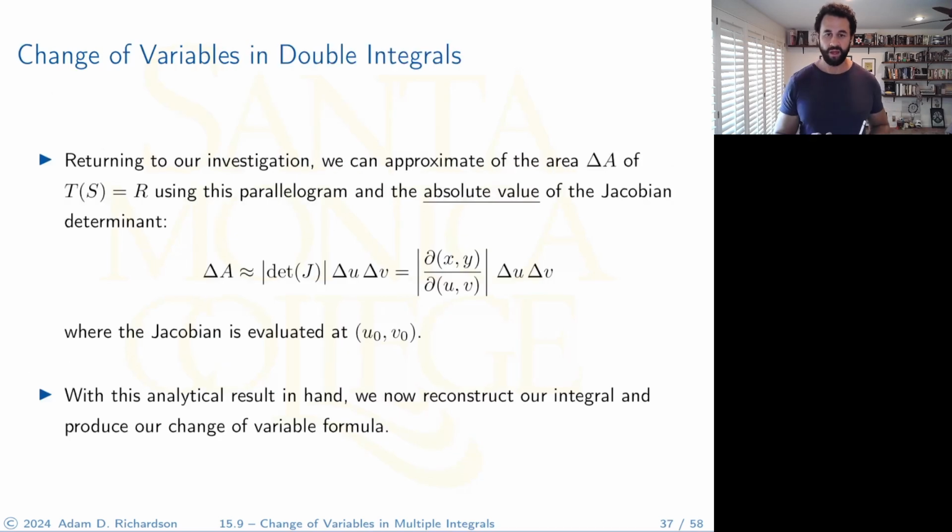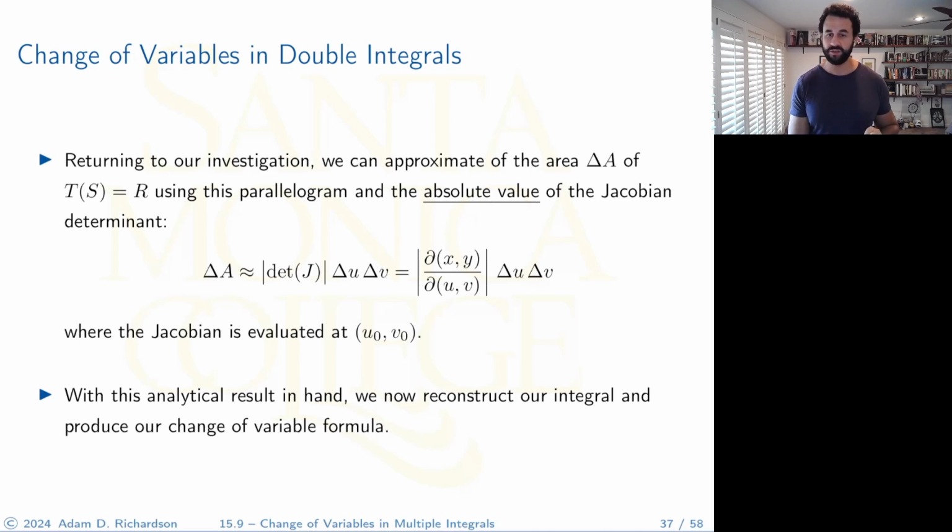Now, returning to our investigation, we can approximate the area, delta A, of the image patch using the parallelogram and the absolute value of the Jacobian determinant. So the area of that patch is about equal to this. Remember that the parallelogram is an approximation of the patch, so it's not equal to.